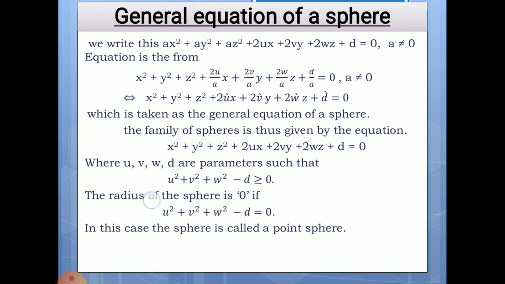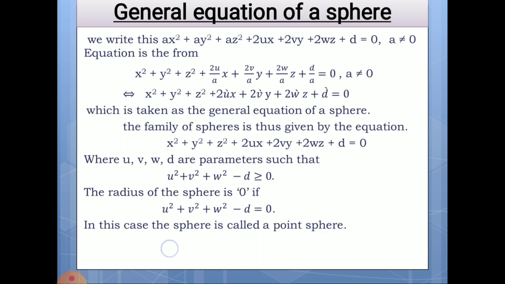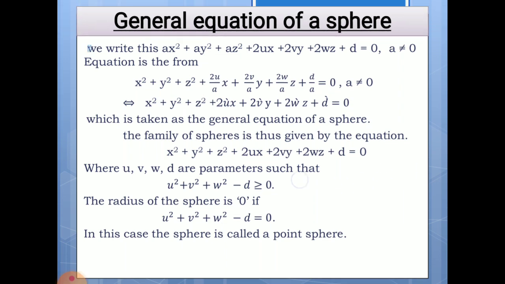That means the more general equation of a sphere is taken as x² + y² + z² + 2ux + 2vy + 2wz + d = 0. In this case, as I have told you, if the equation is in this form, the center is (−u, −v, −w), and the radius is the square root of u² + v² + w² − d. That means if we take the square root of this term, it becomes the radius of the sphere.